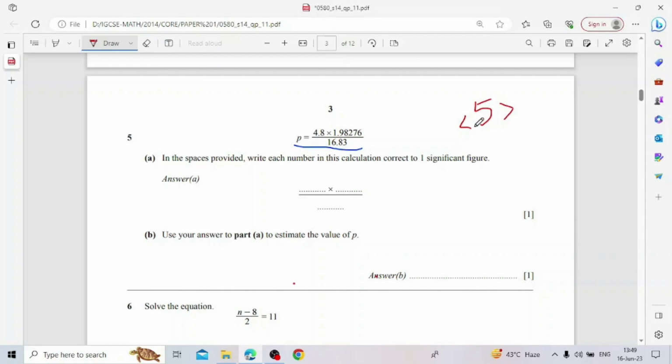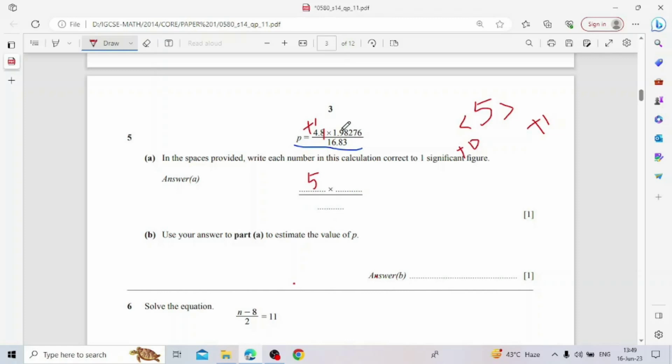If the number is less than 5, we are not adding any extra number to the significant figure. But if the number is more than 5, like 8 here, we will add +1 to the significant figure. So 4 will become 5. I will cancel 8, and I will write over here 5.